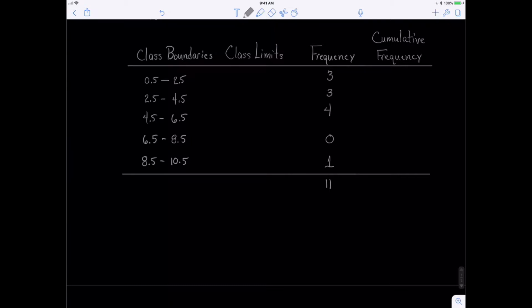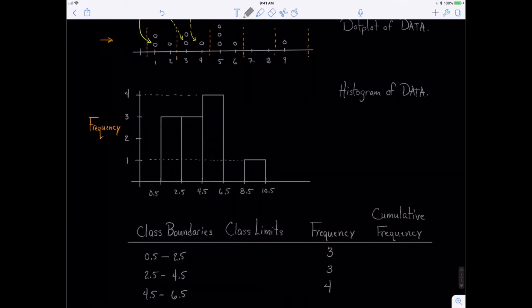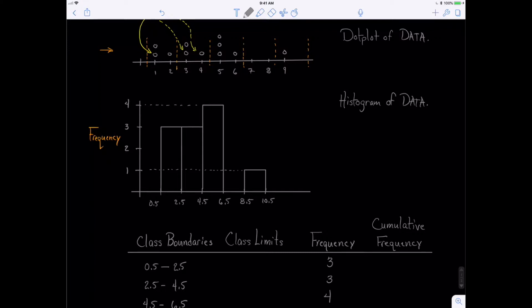So the class limits are the nearest whole numbers inside of the class boundaries. Let's take a look up above, and that might help to make more sense. Notice that if we look at our dot plot, the orange marks here became our class boundaries. Those were the half units. But notice that inside the class boundaries are the next set of numbers.